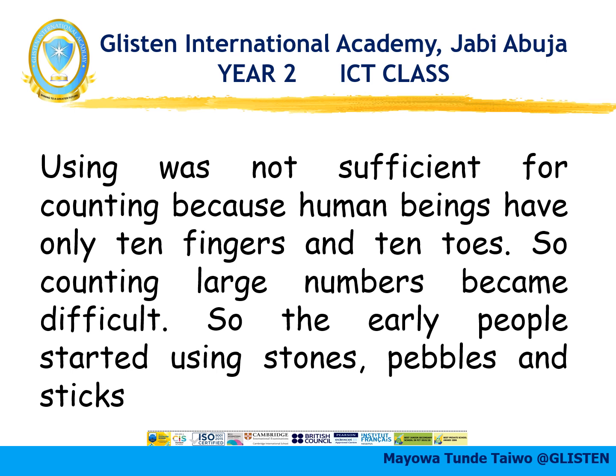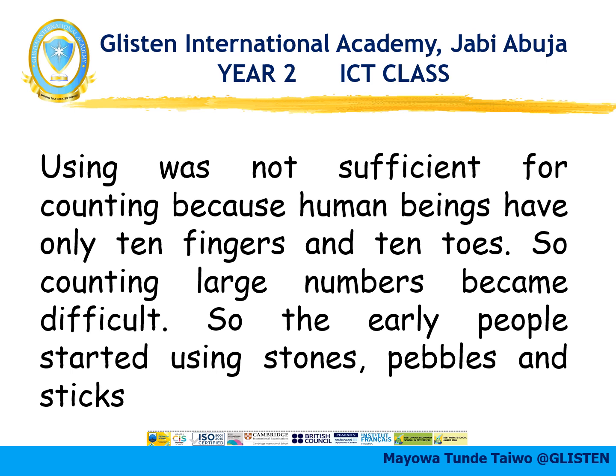If you look at your fingers, we have 5 on the right and 5 on the left, and our toes too, 5 on the right and 5 on the left. They discovered that was not enough. If they had something to count up to 100, you can see the time it would take them. So they thought of using stones, pebbles, and sticks.